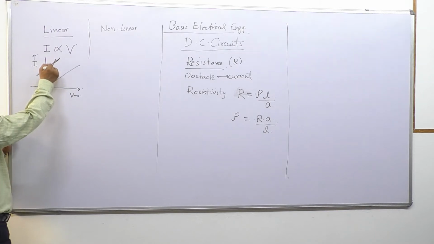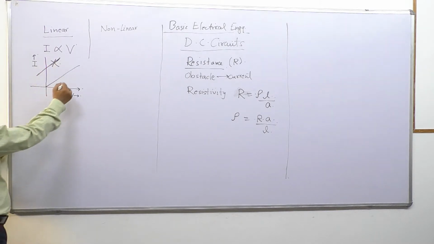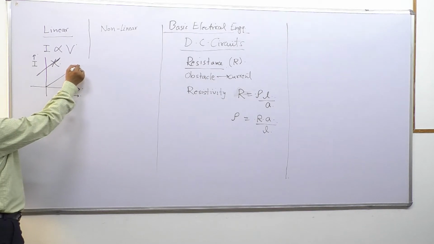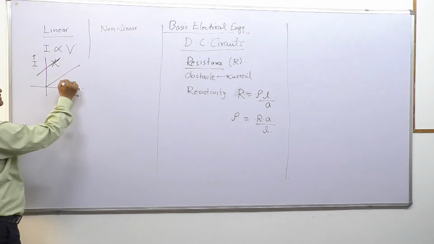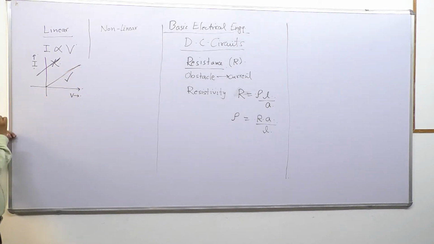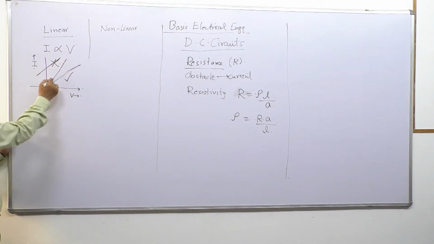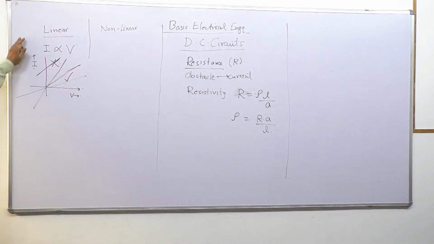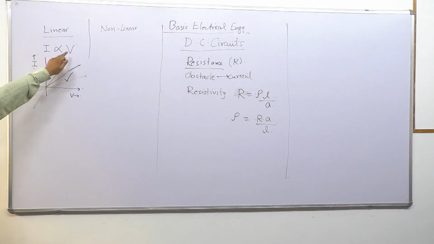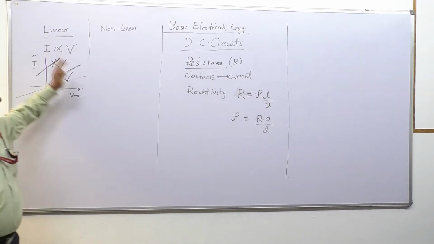This is not linear in terms of electrical engineering. In electrical engineering, the relationship between voltage and current is to be a straight line passing through origin. So this is the only linear characteristic. Such elements having this type of characteristics are said to be linear elements. This is also one of the linear elements. So all these elements which have a relationship between voltage and current in the form of a straight line passing through origin are said to be linear elements.